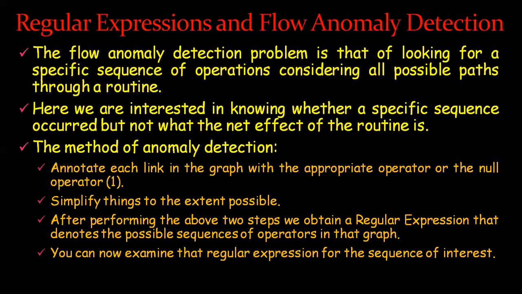In the method of anomaly detection, we annotate each link in the graph with the appropriate operations or the null operator, and we simplify the things to the extent possible. So after performing the above two steps, we obtain the regular expression that denotes the possible sequence of operations in the graph. And after that, we examine the regular expressions for the sequence of interest, whether you want maximum count or minimum count, mean count or probabilistic values.